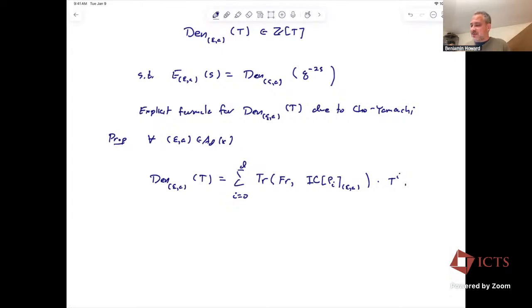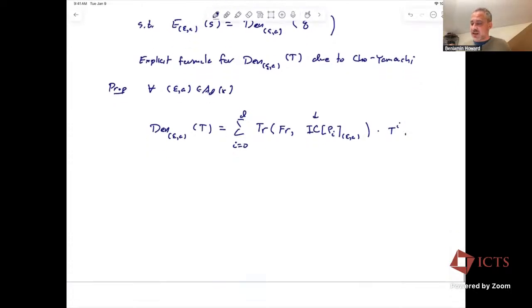You take the trace of Frobenius on their stalks, and you get the coefficients of these polynomials that encode the Eisenstein series coefficients. Now, this isn't an explicit formula in any meaningful sense because this IC extension functor is so mysterious. You don't really compute it in any real sense. But once you have this, you're done.